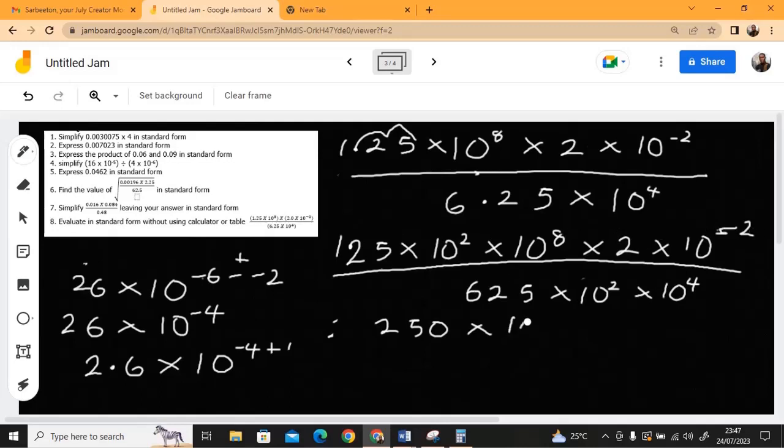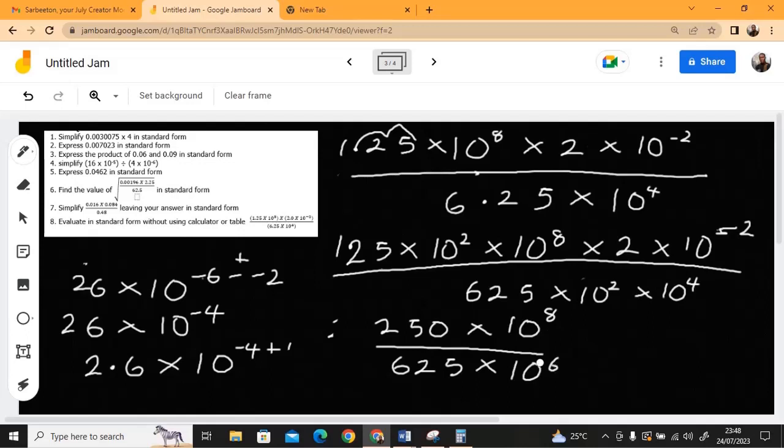So that is 10 raised to the power 8, divided by 625 times, this one also, 2 plus 4, that is 6, 10 raised to the power 6.